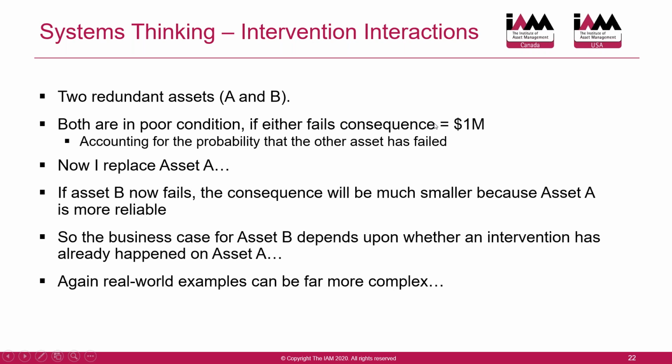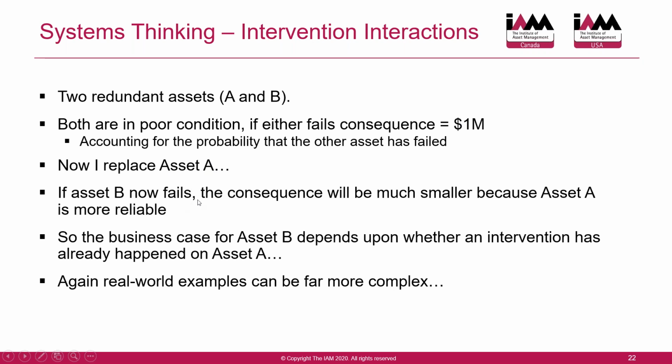And if either of them fails, then we have $1 million of consequence. And that's accounting for, as we described earlier, our network model, and we know that if one of them fails, there's a chance the other one will be down, and that's the chance of the failure. So based on that, we have an excellent business case to replace asset A.